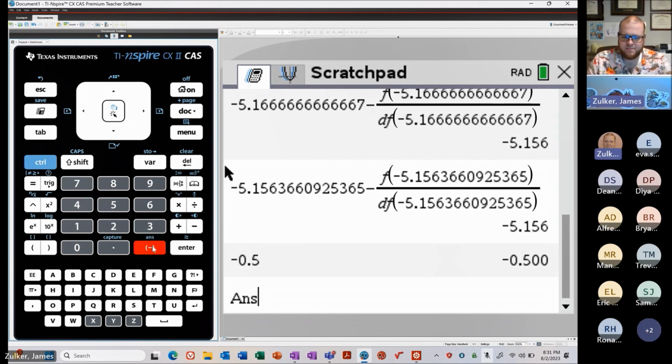Then do the same thing: answer minus f of answer divided by df of answer.